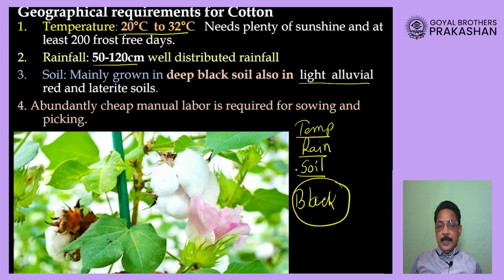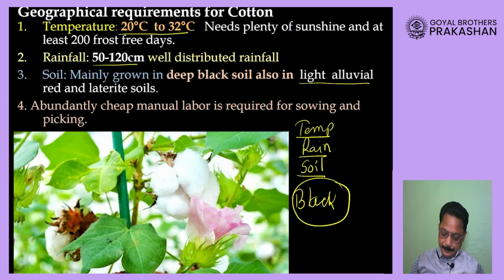Okay, then one more special requirement of this crop is you need a lot of labor force, many workers, in order to carry out plucking of cotton. That means you have to go in a farm, pluck the cotton. So for that process, a large labor force is needed for cotton.